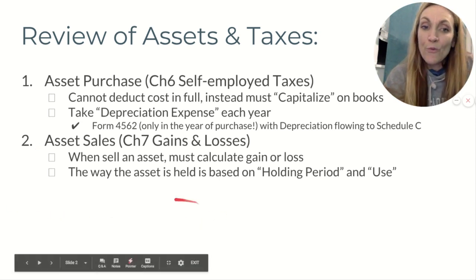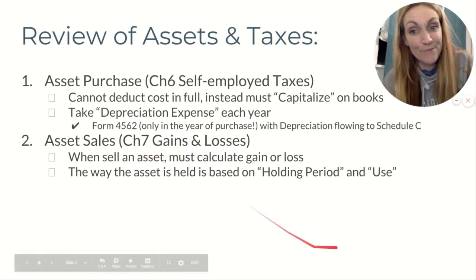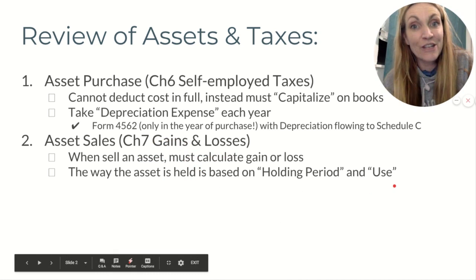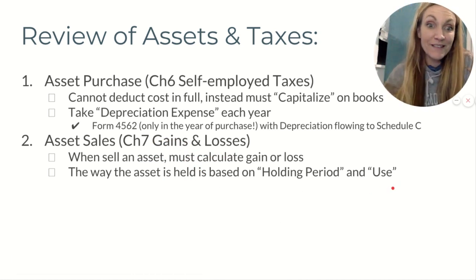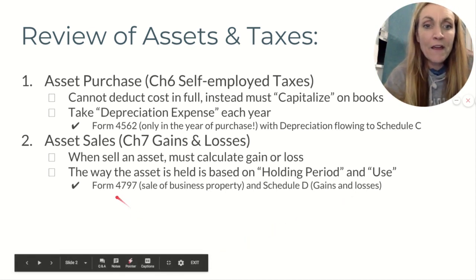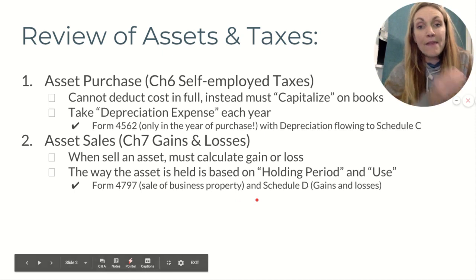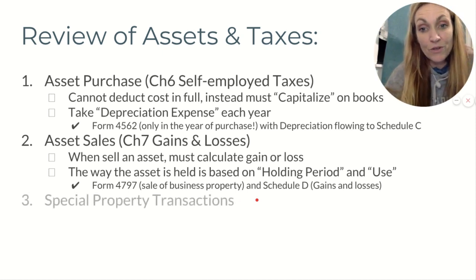The way we calculate that gain or loss and how it's taxed is based on holding period and use, right? Business or investment, and of course, personal as well. Form 4797 is sale of business property, and then certain amounts flow to Schedule D or directly to be taxed.